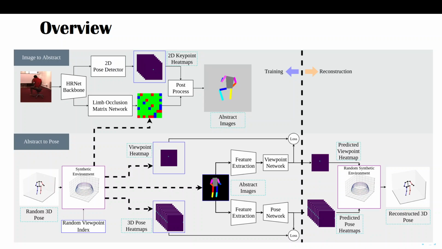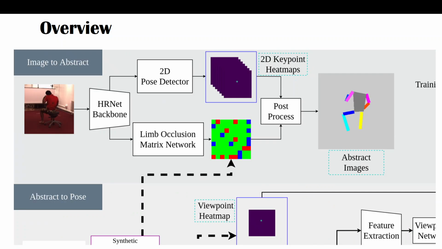Now let's take a short walk through the pipeline. In the image to abstract stage, we extract the image features and train one branch for 2D joint heat maps and the other to generate limb occlusion matrix. We use these two to generate the flat variant.